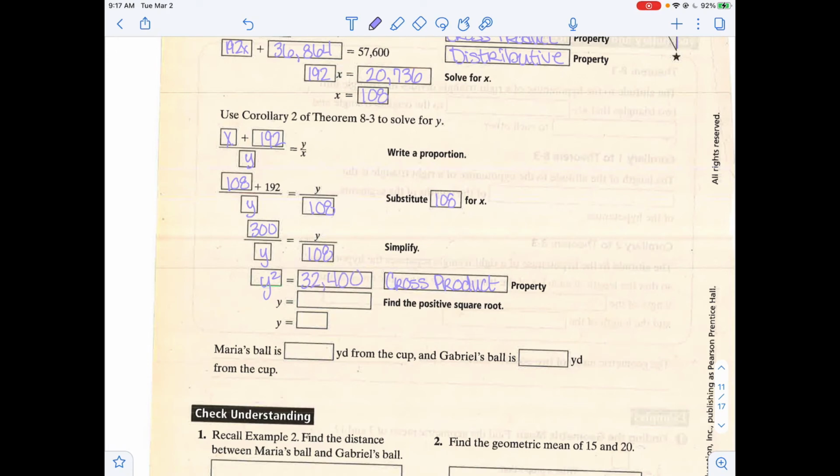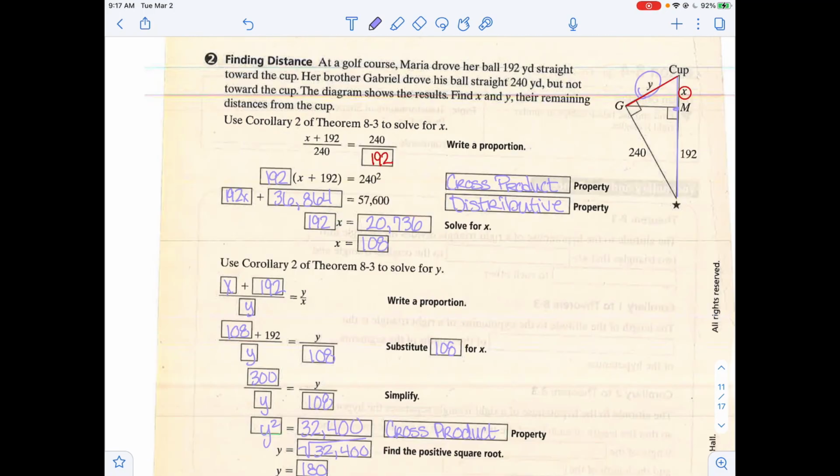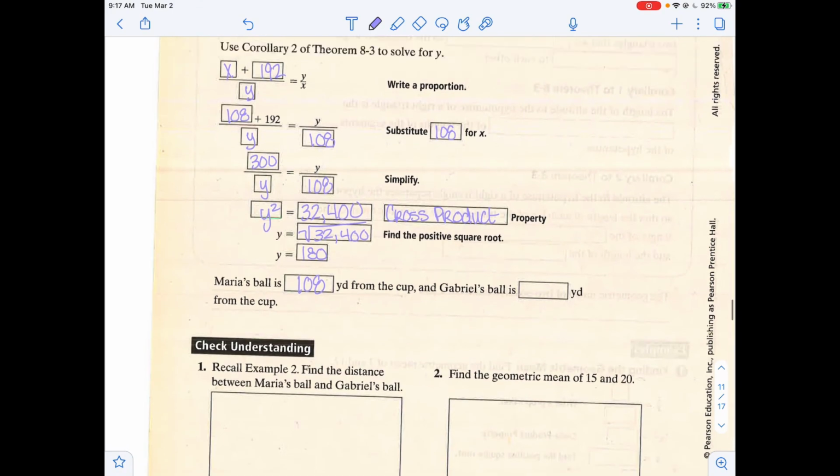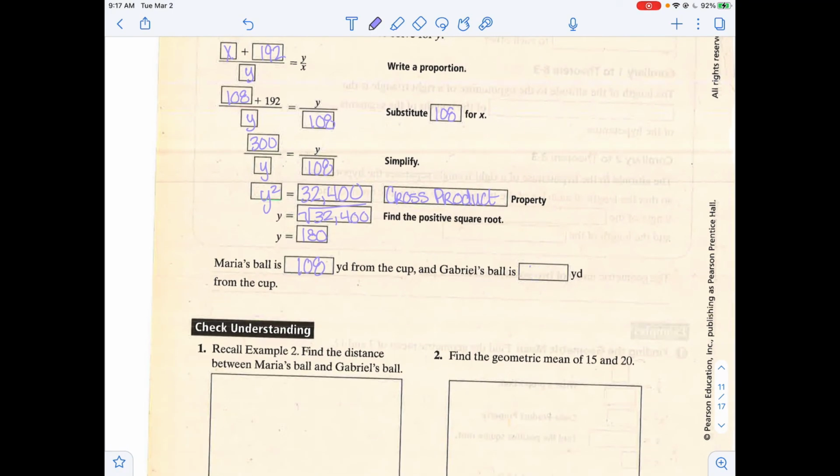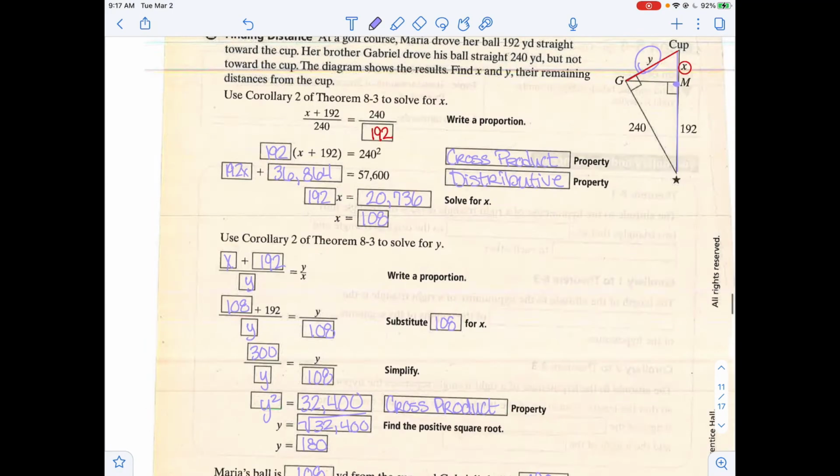Then we have to take the square root of 32,400 to figure out what y is, and the square root of 32,400 is 180. So we know Maria's ball is 108 yards from the cup, because this was where Maria ended, so x was her distance to the cup. And Gabriel's ball is 180 yards from the cup, because point G is Gabriel's ball.